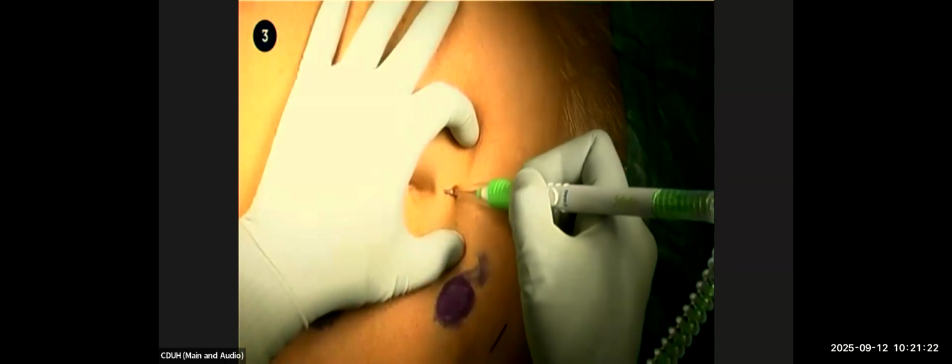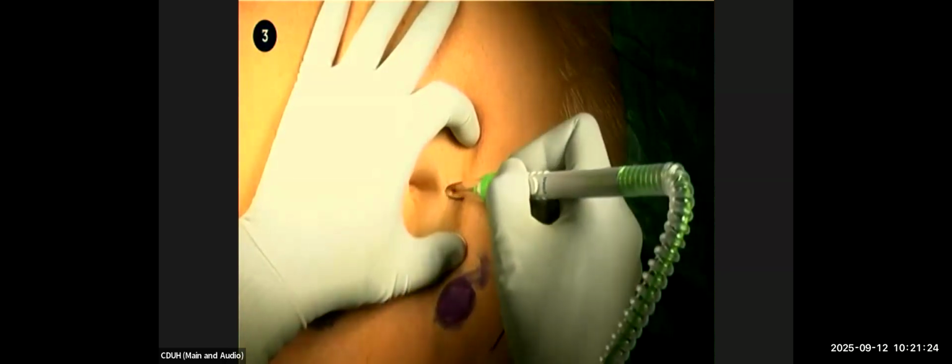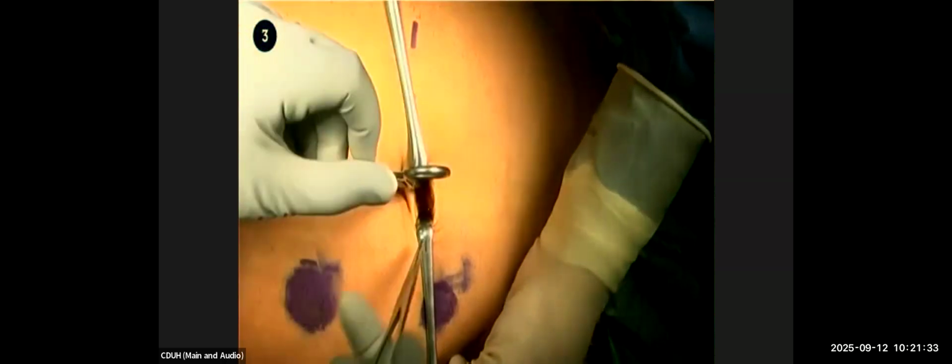Next, we go to the open method. In the open method, you can use your blade or diathermy to open up an infra-umbilical or supra-umbilical incision. After that, you use a retractor, retract your fat, and dissect around until you see the linea alba.